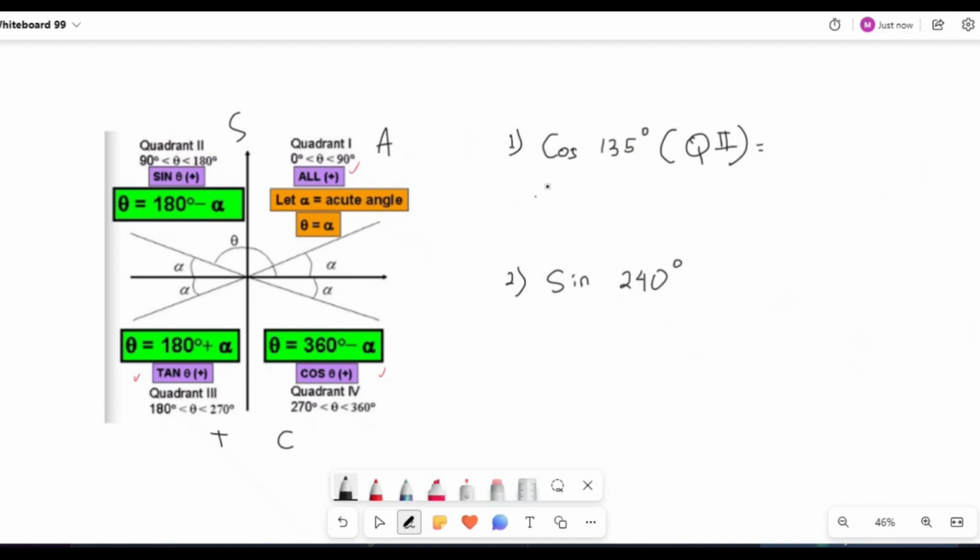So this is how we do it. So cos 135 becomes cos 180 minus alpha. Okay, so 135, it's quite easy to figure out that it's going to be 180 minus 45. Is it clear?